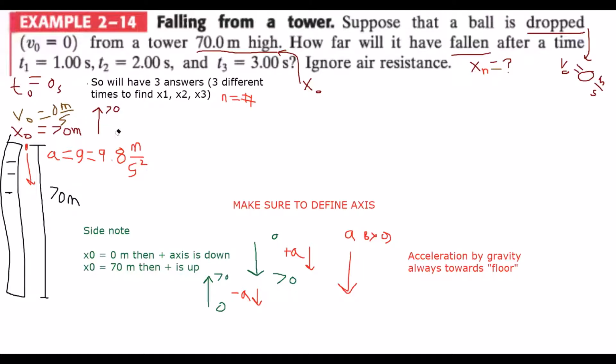Right, so this is my axis, where 70 is at the top and 0 is at the bottom. So then that means my acceleration is going to be negative. I'm going to put a little negative sign right there so I don't forget.